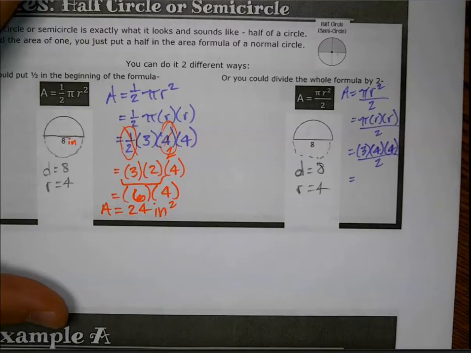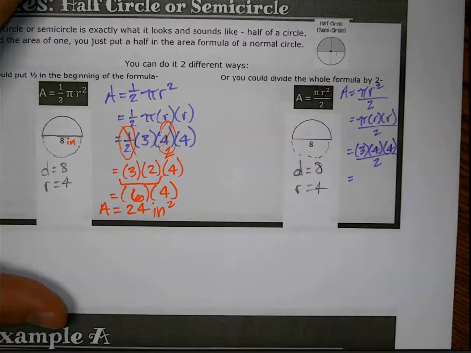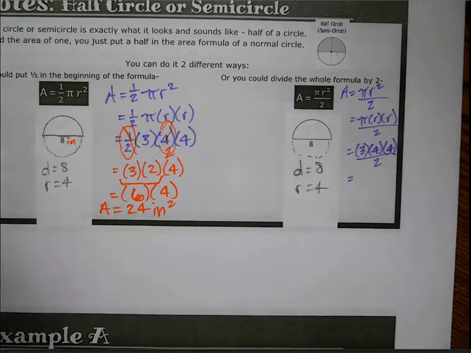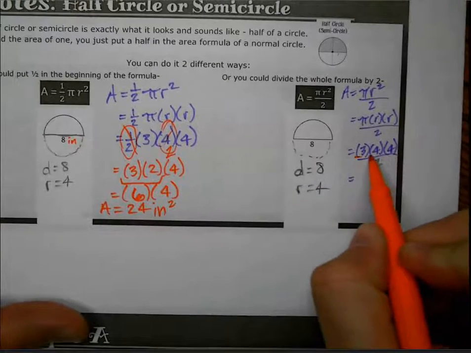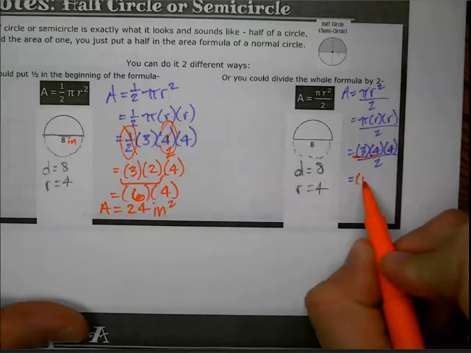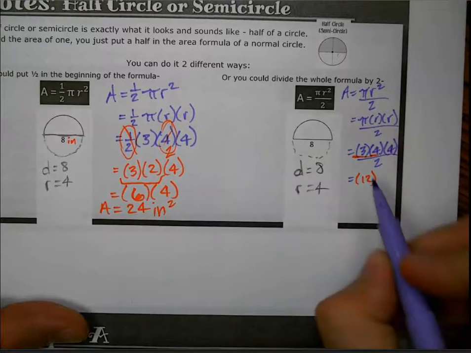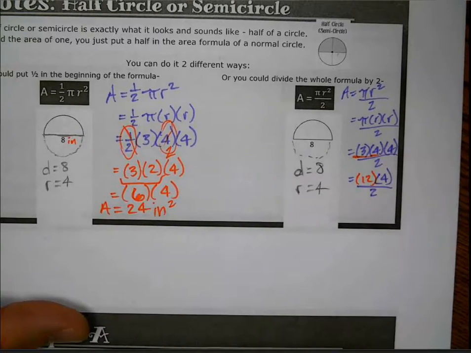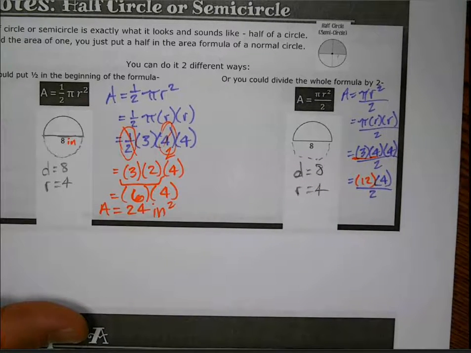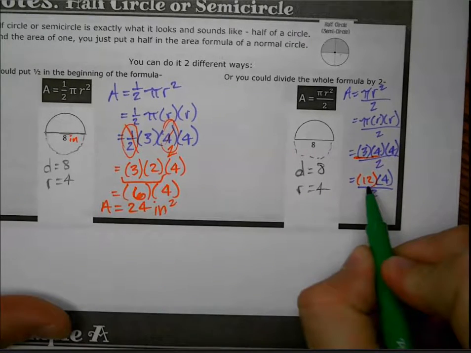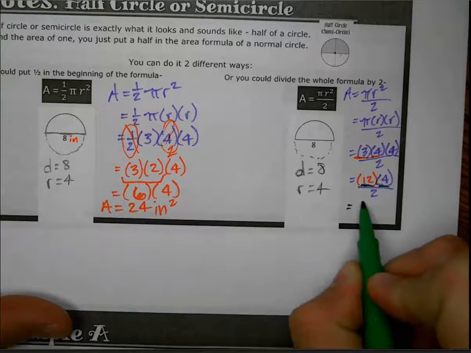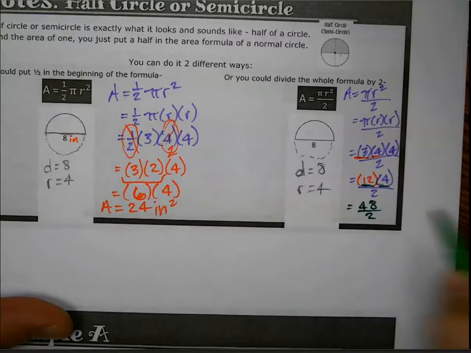Now you could simplify this fraction before, or let's go ahead and do this multiplication. 3 times 4 gives me 12, times 4, divided by 2. 12 times 4 gives me 48 divided by 2.